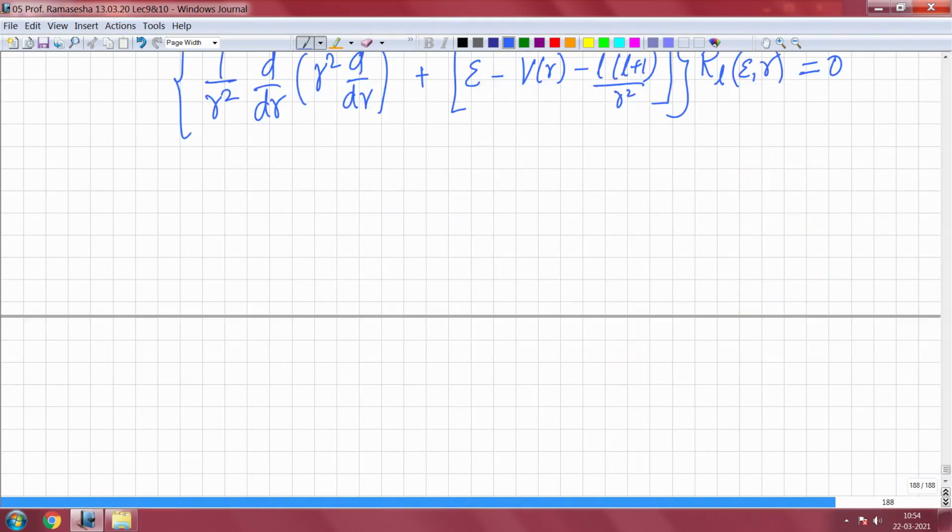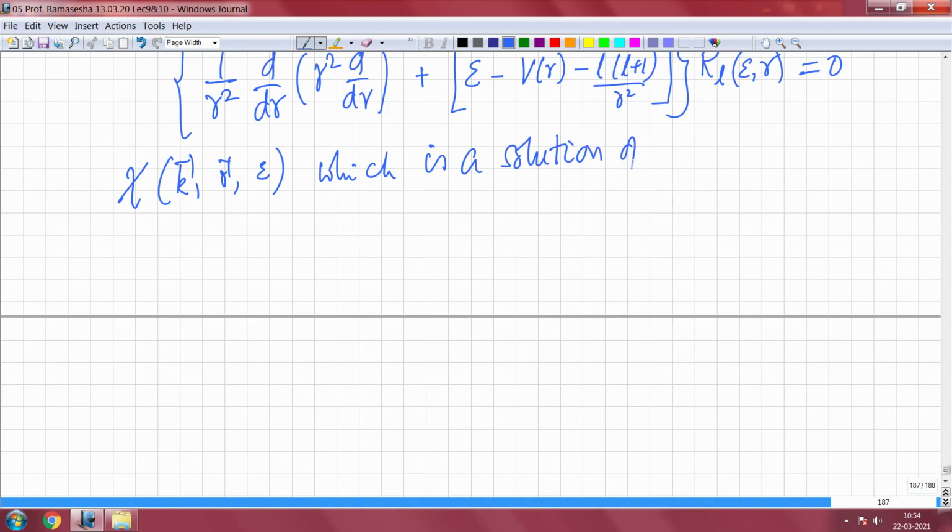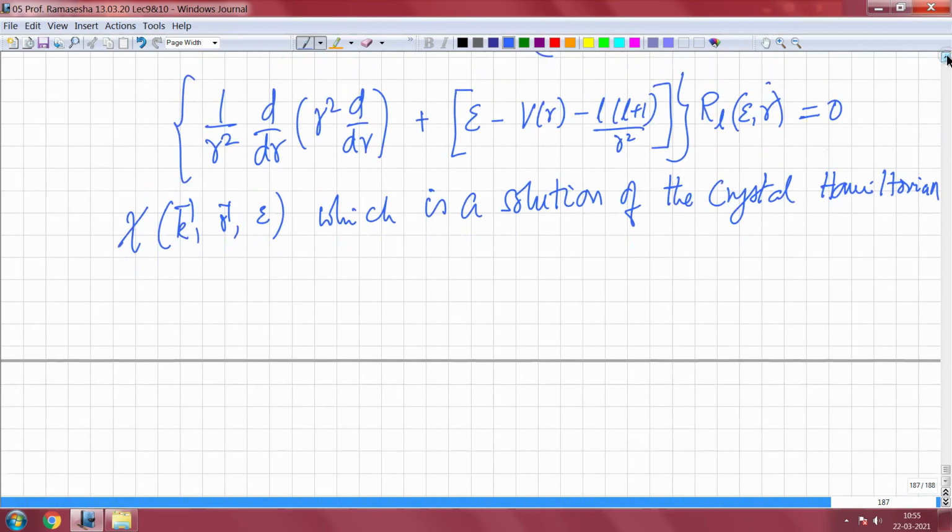Now, I can say that the eigenstate of my problem, which is chi k comma r comma E, is a solution of the crystal Hamiltonian, which is the same as the Hamiltonian that I wrote down here.